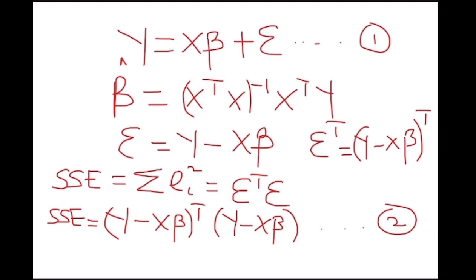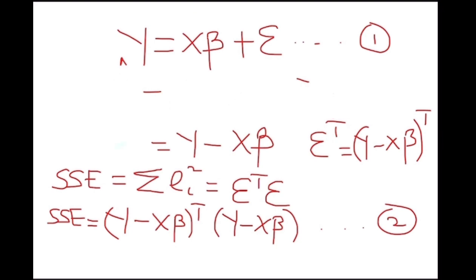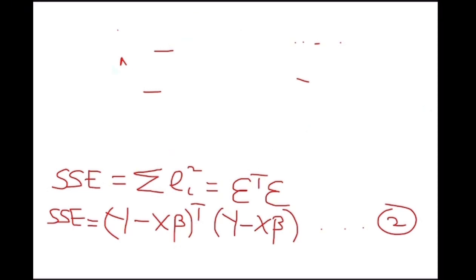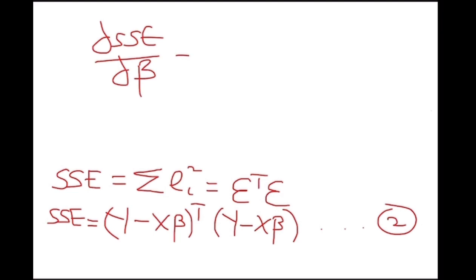Because of that, I'm going to differentiate that. So I'm going to write the sum of square error with respect to beta. The beta here is a vector of parameters, so I want to differentiate this.